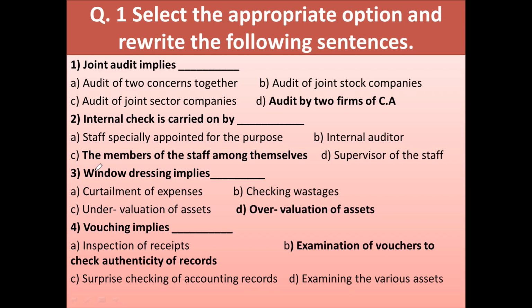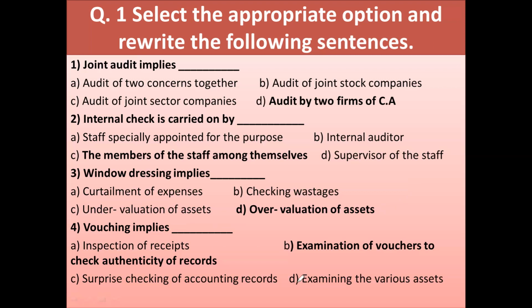Third question: window dressing implies dash. The most appropriate answer from these four is overvaluation of assets. So window dressing implies overvaluation of assets. This is the correct answer that you have to choose from the options. Fourth question: vouching implies dash.